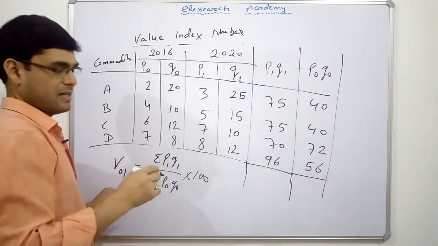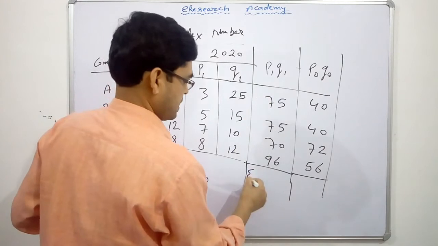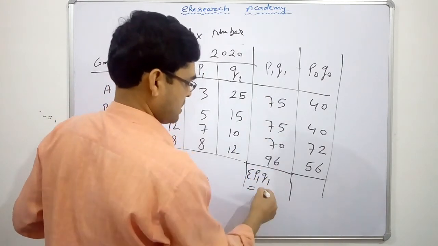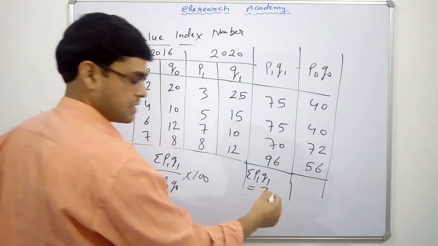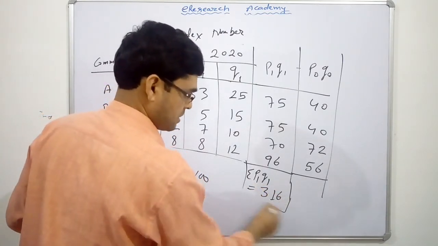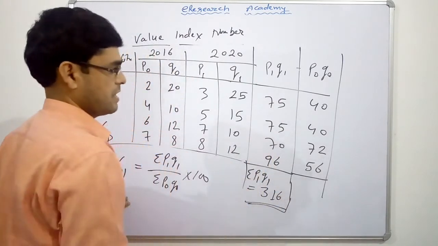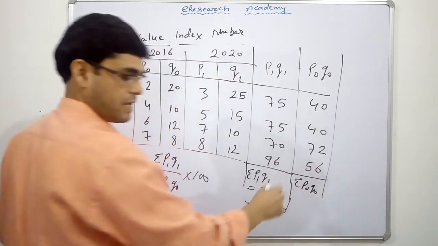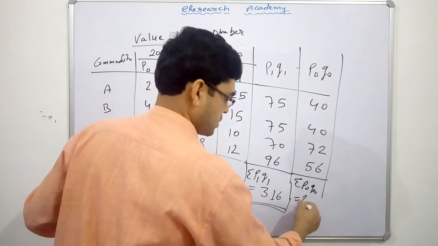Now we need the summation of these columns. Sigma P1 Q1 gives us 316, and sigma P0 Q0 we have 208.